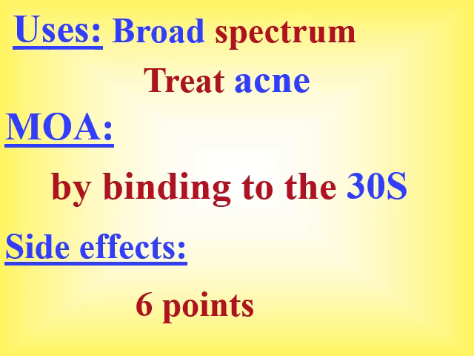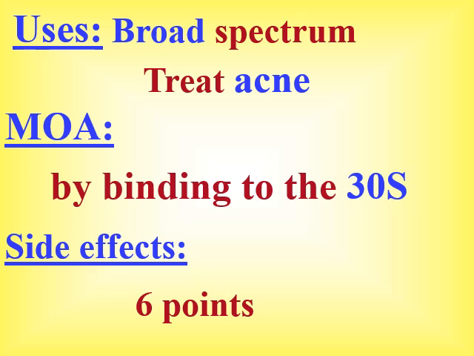If the patient is exposed to the sun or UV rays, this will cause severe sunburn. In addition, it can cause superinfection. It can overgrow candida in the fungi or the resistant staphylococci in the intestine.